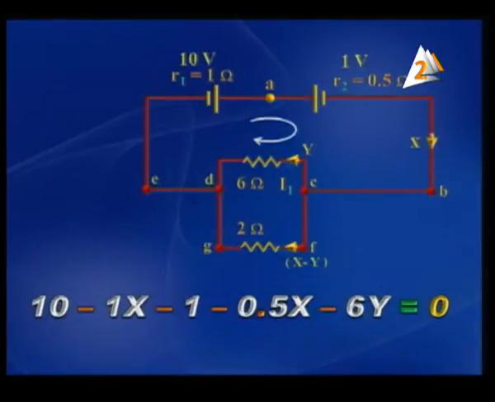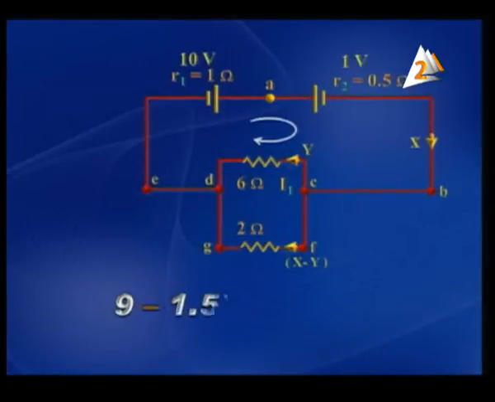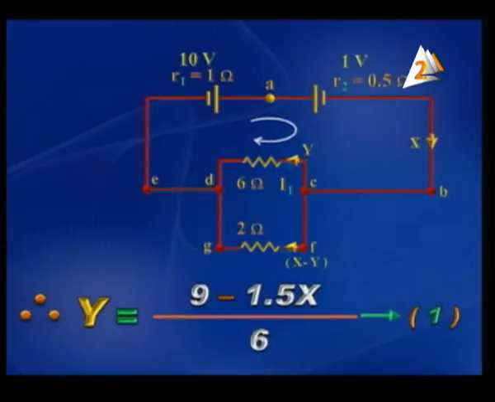So by applying the voltage law, we can say 10 minus 1x minus 1 minus 0.5x minus 6y equals 0. It follows 9 minus 1.5x minus 6y equals 0. So we can find y in terms of x. y equals (9 minus 1.5x) over 6.